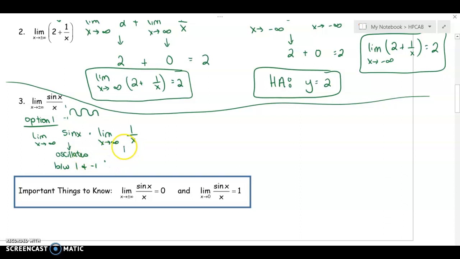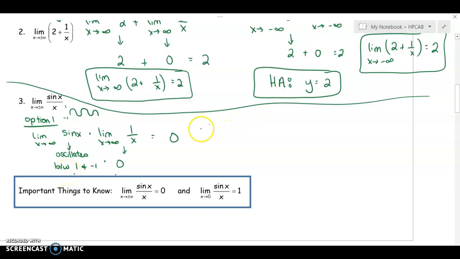The other one, we already did that at the top. The limit as x approaches infinity of 1 over x is 0. So regardless of what value this first piece is, when we multiply it by 0, we're going to get 0 because anything times 0 is 0. So the 0 overpowers whatever the sine of x was.